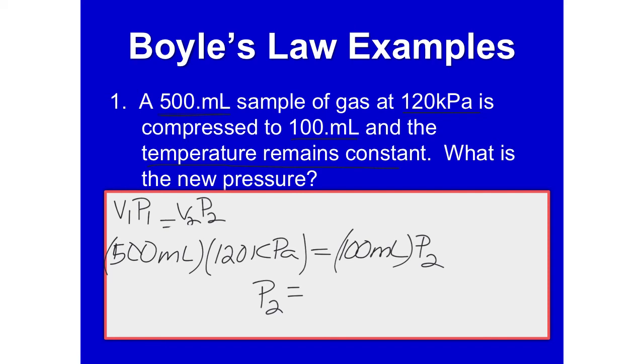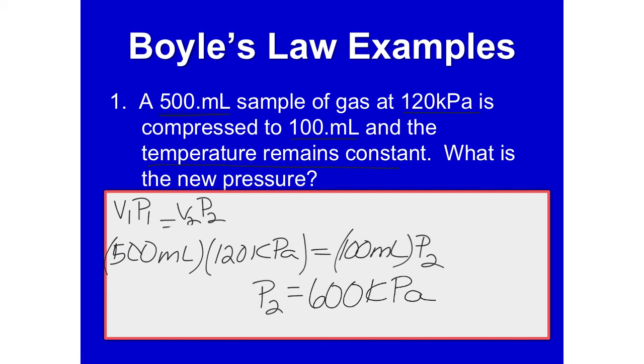So that just helps us make sure that our math makes sense. So then we just do 500 times 120 divided by 100, and that gives us 600 kilopascals as P2. And again, that makes sense because since our volume decreased, we know the pressure will have to increase.